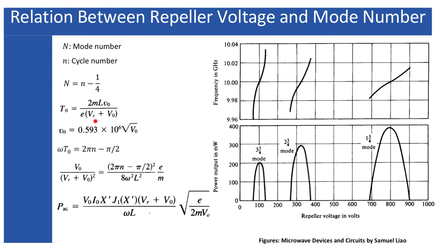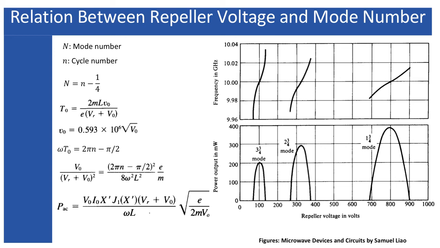Here the Repeller voltage is associated with this T naught, and in this expression all other parameters are known to you, because v naught, the small v naught, is the initial velocity of the electron beam, and from this expression the cycle number appears within it.